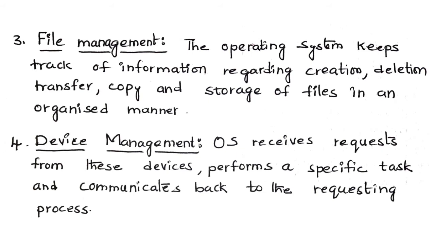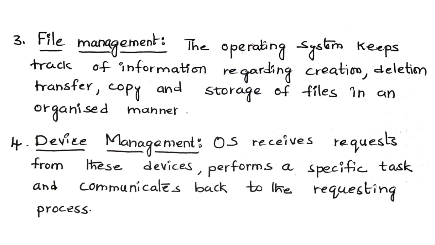Now, come to the next one, device management. Operating system receives requests from these devices, performs a specific task and communicates back to the requesting process. Means, how do you think the peripherals connected to the computer system work?